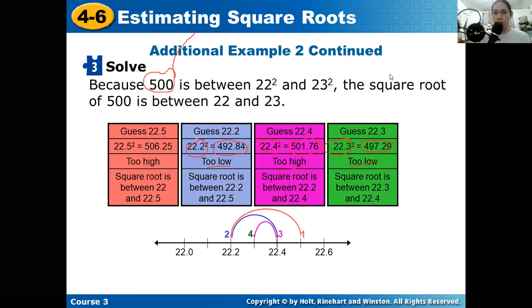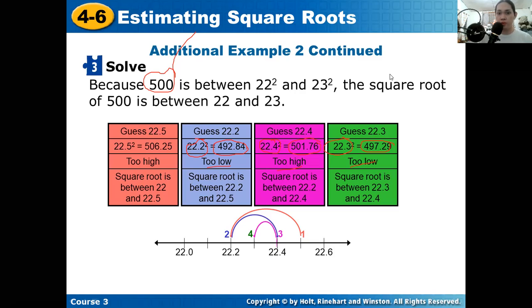So as you can see, as our approximate values, we will use 22.4 and 22.3. Why, sir? Because 22.4, though it's too high, is lesser compared to 22.5, which is 506.25.